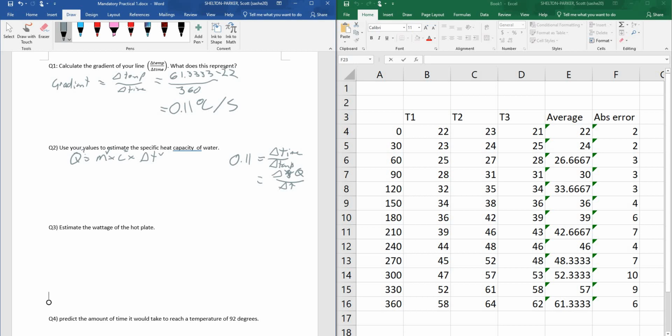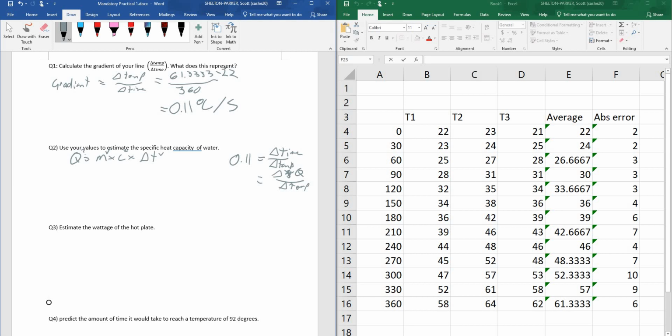Oh, sorry, time? No, delta T is temp. What am I on about? Is that an accurate statement, that delta time over delta temp is really the same thing as delta Q over delta temp? Because there's a direct correlation between time and joules, because we're putting a consistent amount of joules into it.